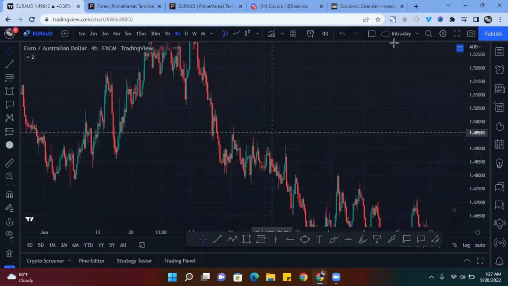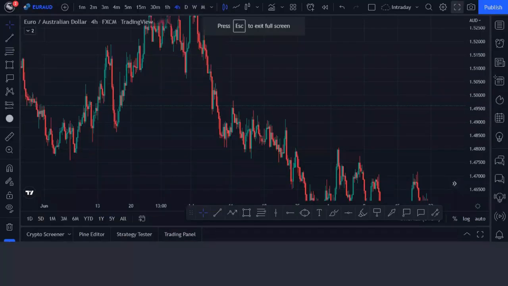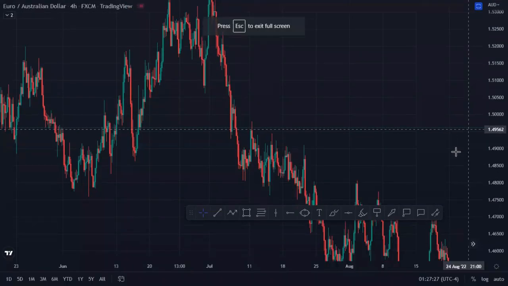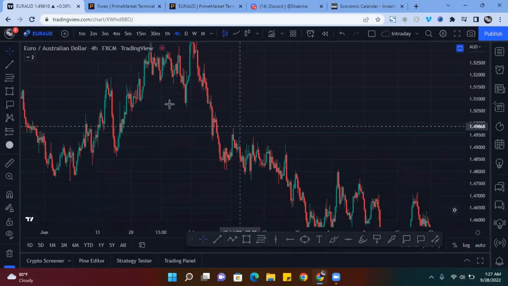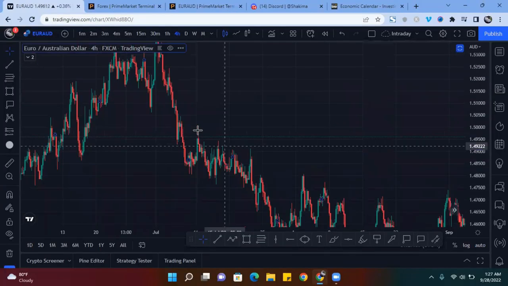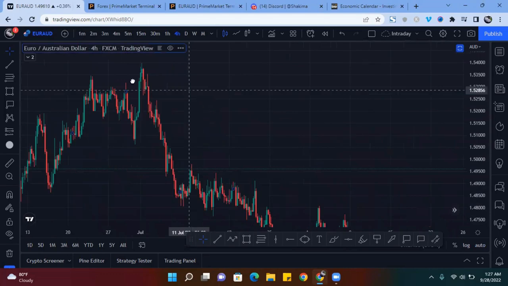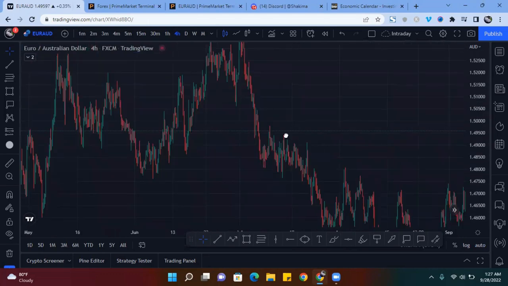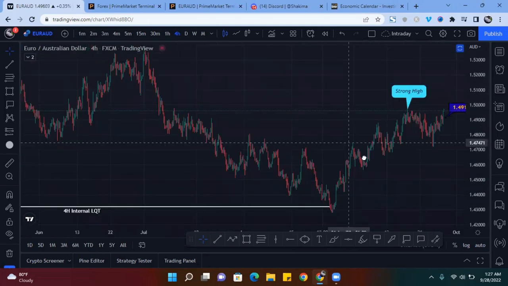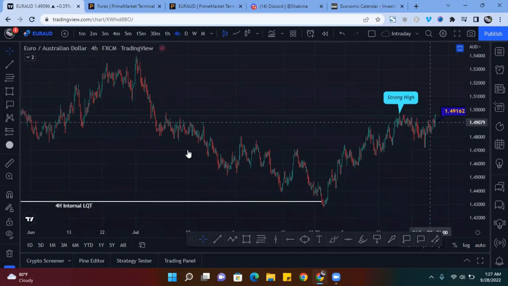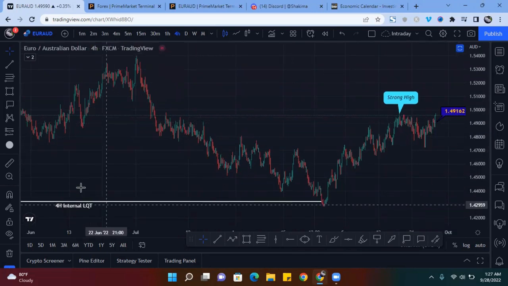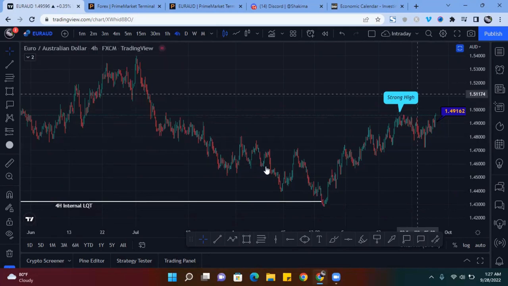So now at that point, let me escape this, I usually will analyze the charts, right? I look here and you can see that if I drew my premium and discount fib again, right? Because at that point you have the prime market terminal predicted level, a recent H4 internal liquidity take, and a strong high posted.